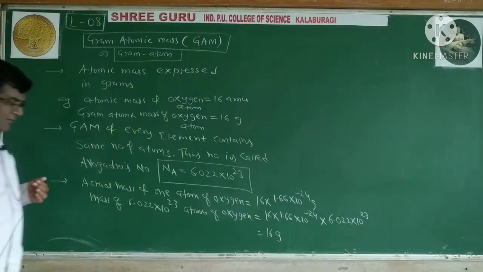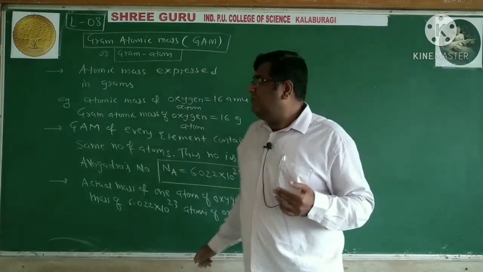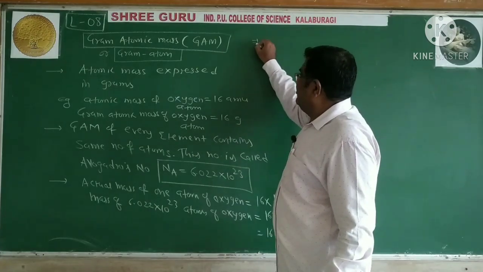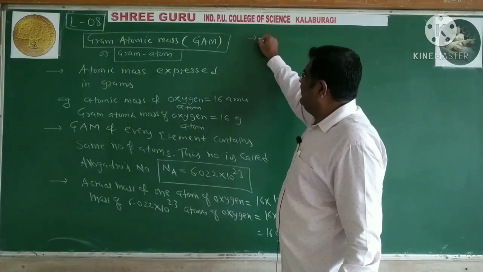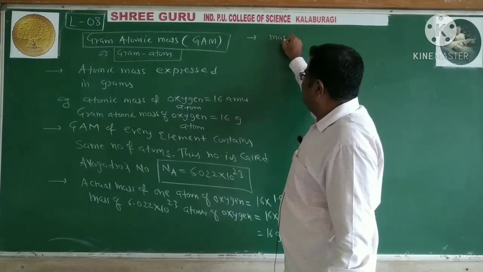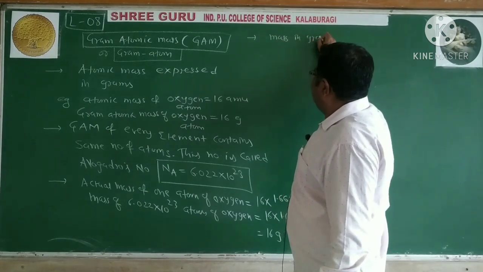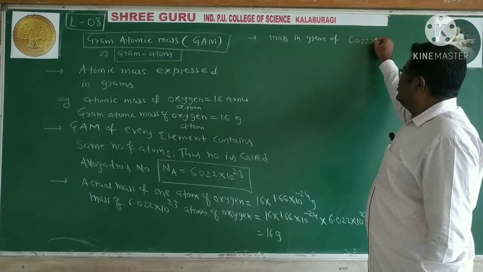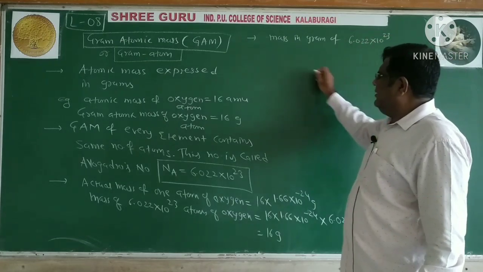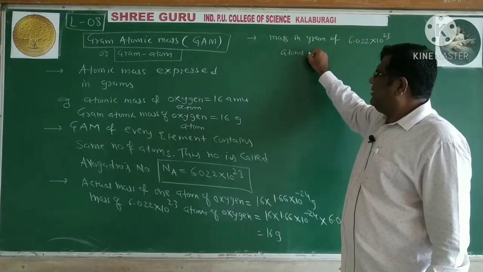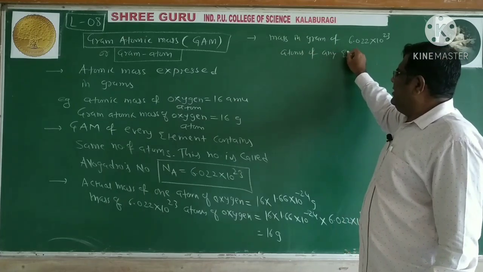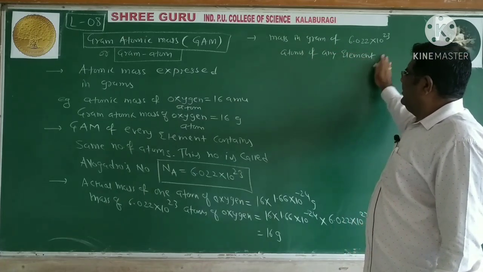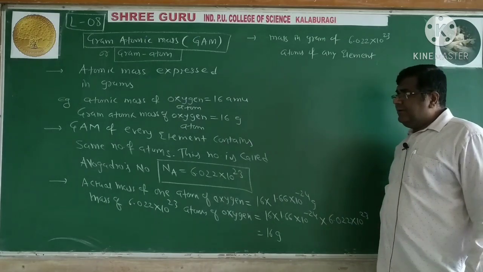So we can define gram atomic mass now. In one more way, we can say it is the mass in gram of 6.022 into 10 raised to 23 atoms of any element. In this way also we can define it.